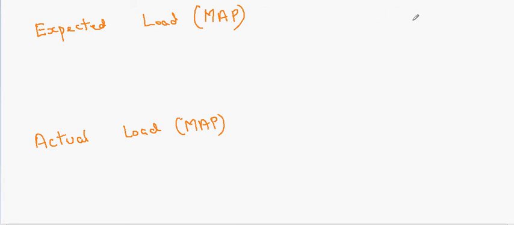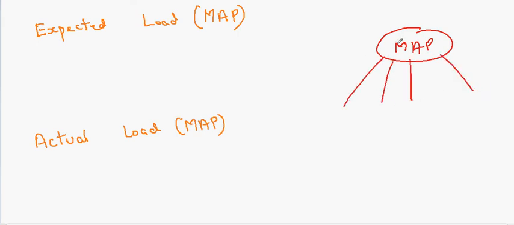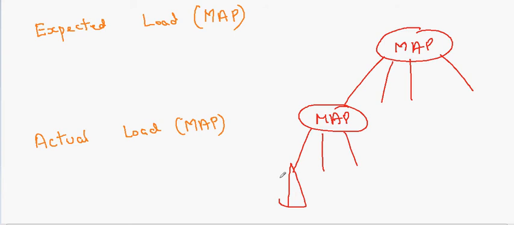Consider that I had a MAP, mobility anchor point, which has 1, 2, 3, 4 downlinks, and in one of the downlinks there is one more MAP, and it has 1, 3 downlinks, and then there is the access router. The MAP that is on top has to allocate bandwidth for two reasons.